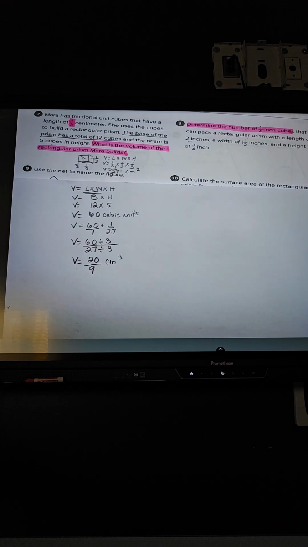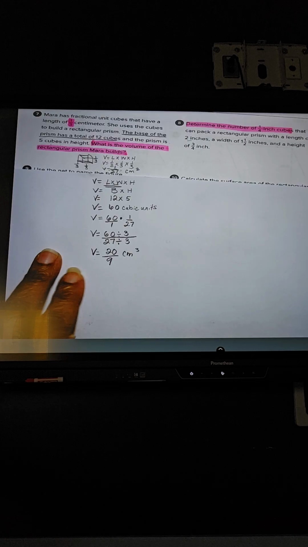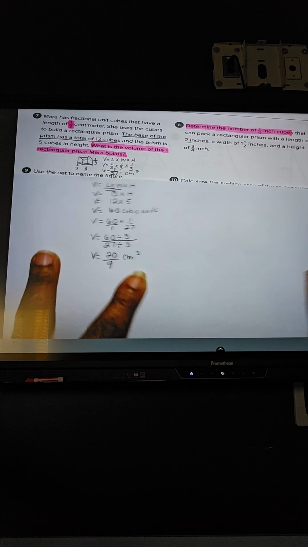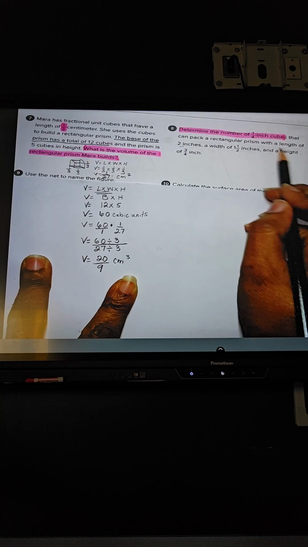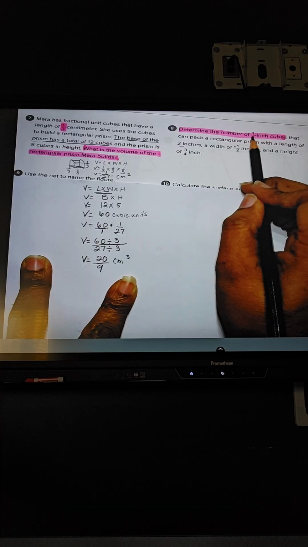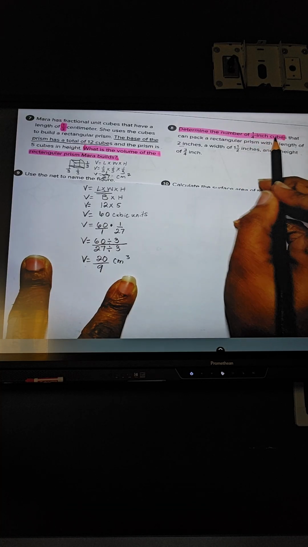Well, this is where your division comes back in. Remember, keep, change, flip. Don't forget that. So we're back there. Now what we have to do, we have to look at the length, the width, and the height and divide it by the fractional inch of the cube.